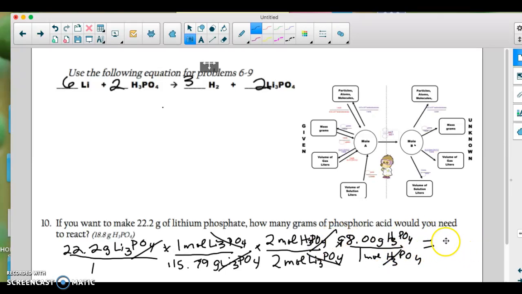So when I calculate that on my calculator, I'm going to do 22.2 times 1 divided by 115.79 times 2 divided by 2 times 98 divided by 1, and then enter. So I get 18.8 grams of phosphoric.